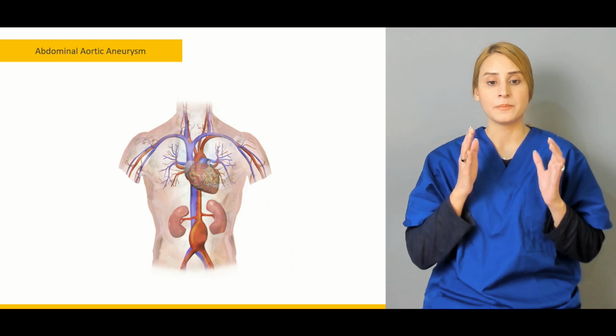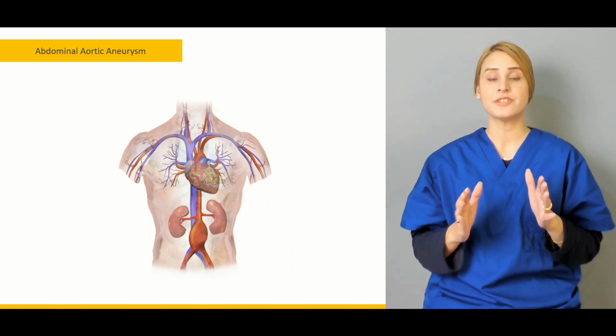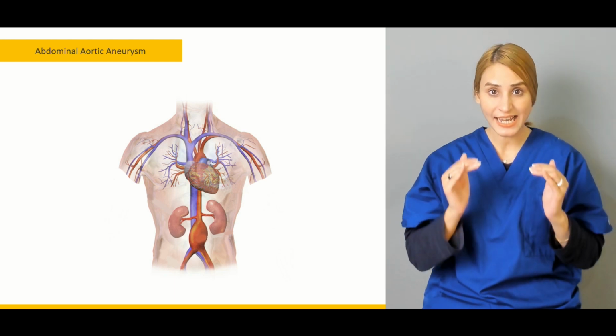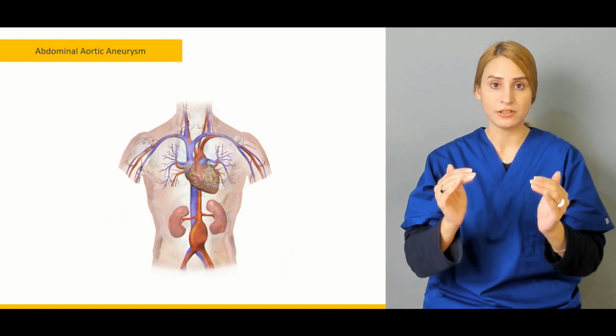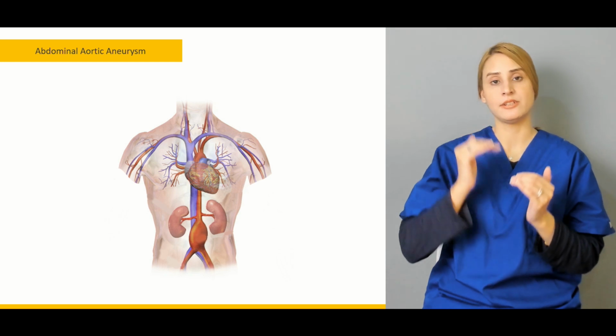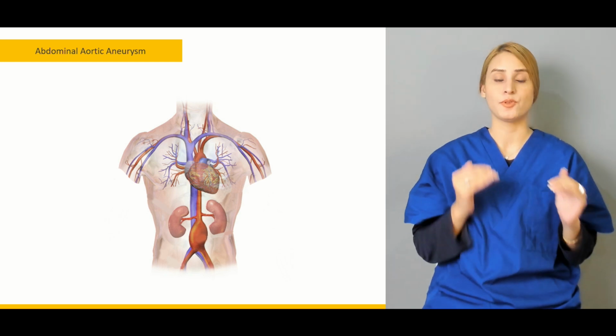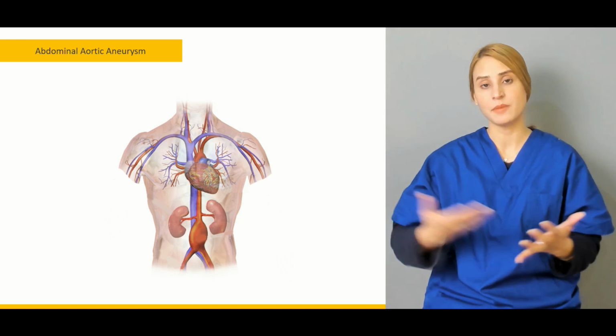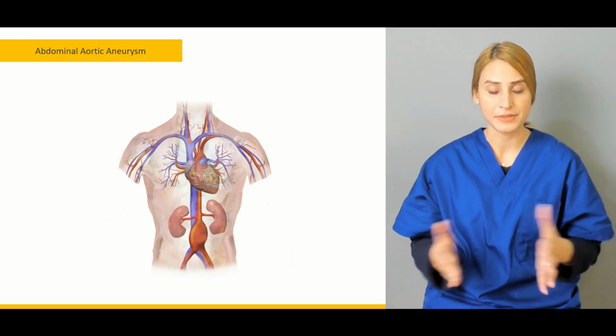But the thing you need to remember is that most of the time, this aneurysm extends from the infrarenal part of the abdominal aorta to the bifurcation of the abdominal aorta into the common iliac vessels.